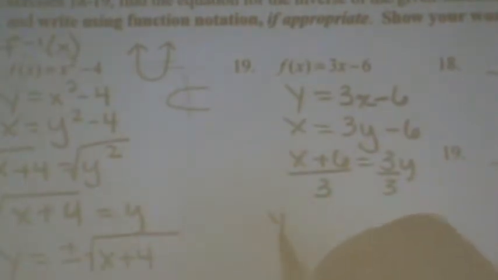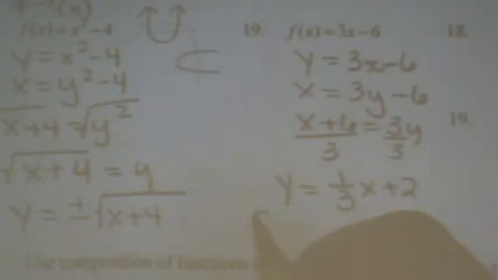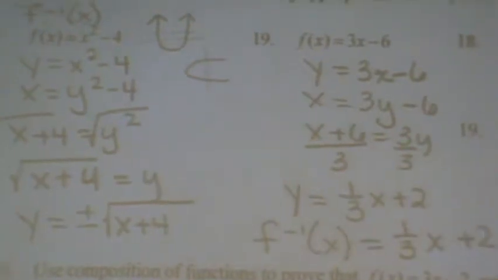So you have y equals 1/3 x plus 2. Now, this is a function, the inverse is a function. So you use that notation when possible to designate that this is the inverse function.